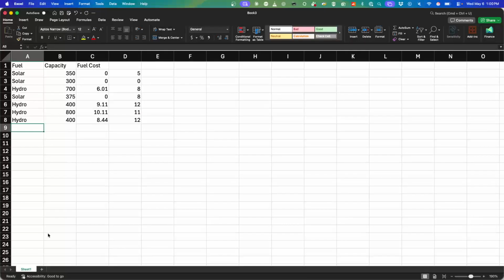Okay. Anyone bid below 20? Okay. And what was your cost? 21.